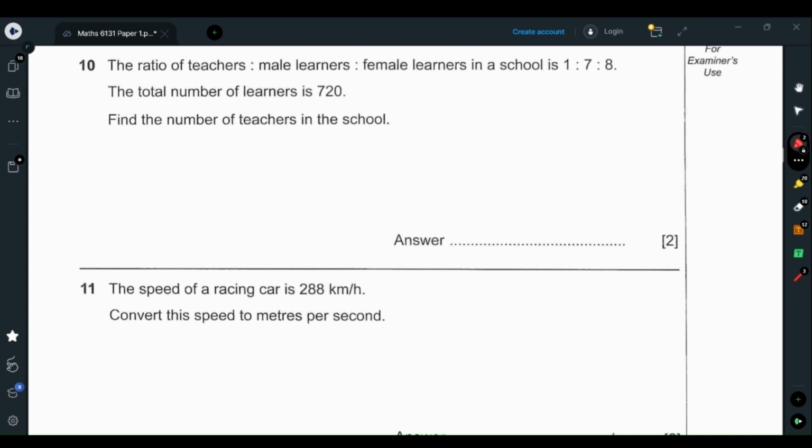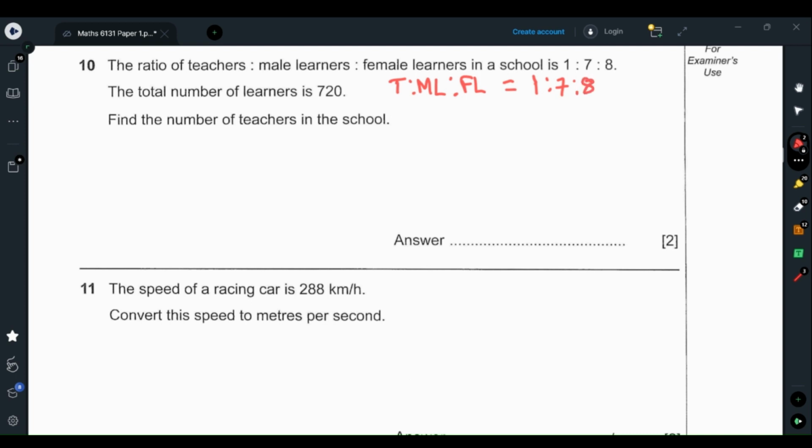So we have a ratio: teachers, male learners, and female learners. So you have 1 for teachers, 7 for male learners, and 8 for female learners.